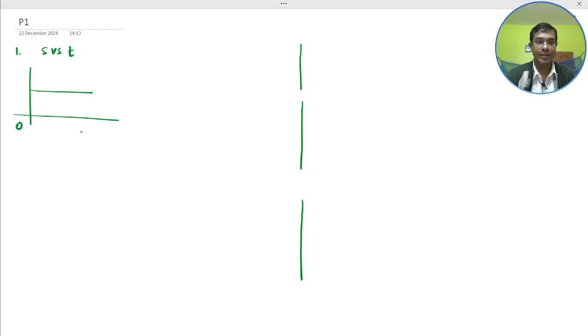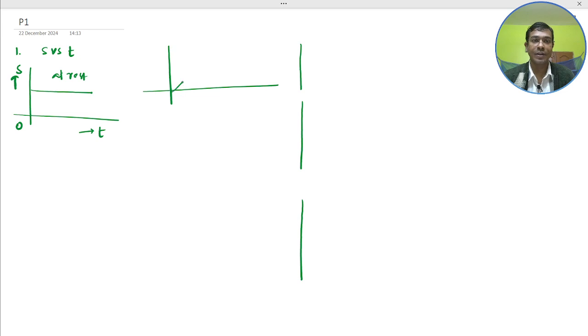This is time t and this is s. Particle at rest. Second one, moving with constant velocity. So s versus t would be linear; here velocity v is constant.